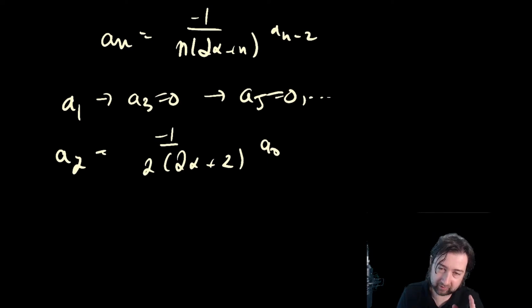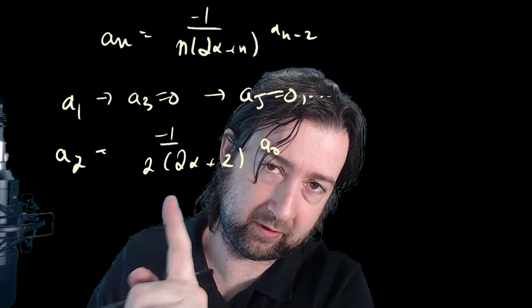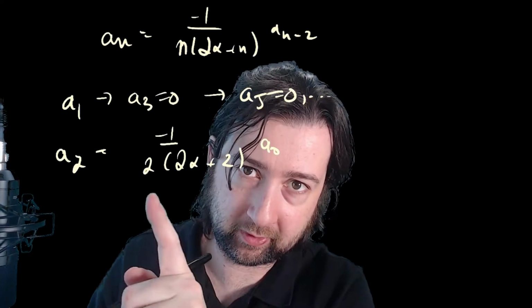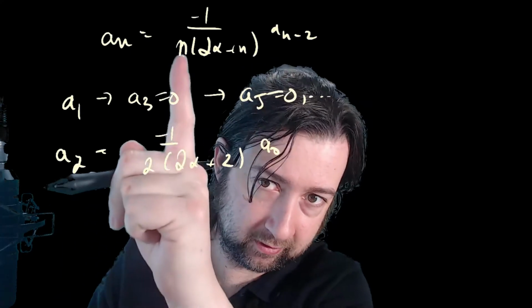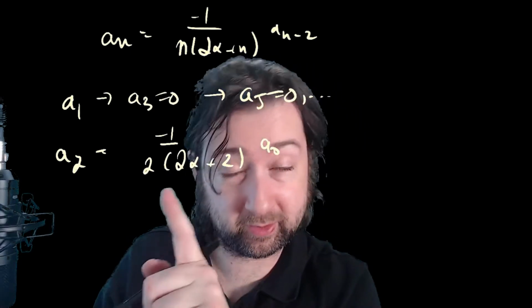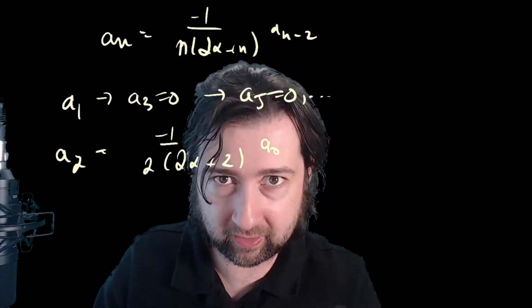And what's going to happen here, and this is the thing that we should be watching for in the pattern, is that on this side, things look like 2, 4, 6, 8, and so on, and are going to pile up because of this n right here, right? And then this is a 2 alpha plus n, so we're going to get 2 alpha plus 2 times 2 alpha plus 4, and so on as we keep going. So what do I mean by that?